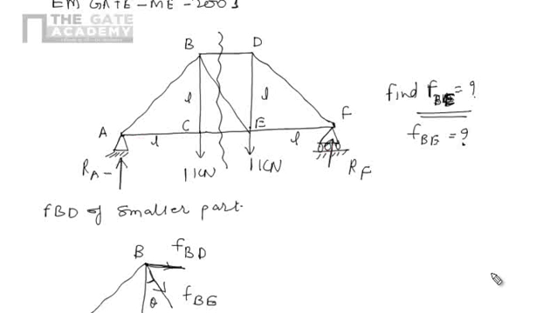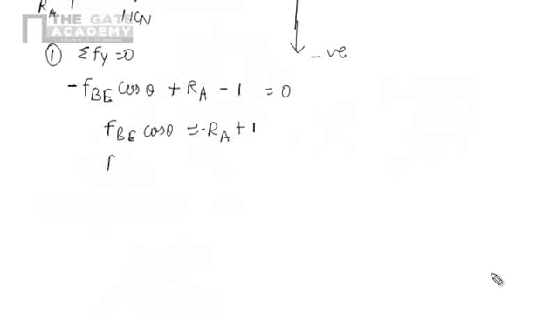So the reaction here is 1 kilonewton, and the reaction here is 1 kilonewton. So RA is 1, and by this we get FBE equals 0. So the correct answer for this problem is B.